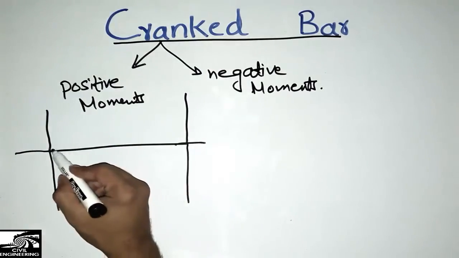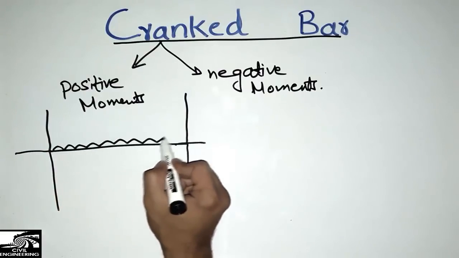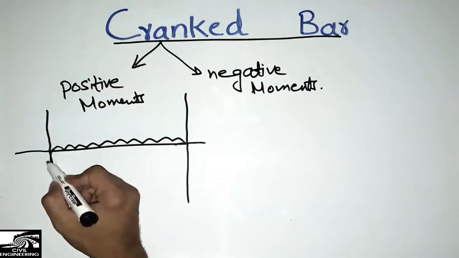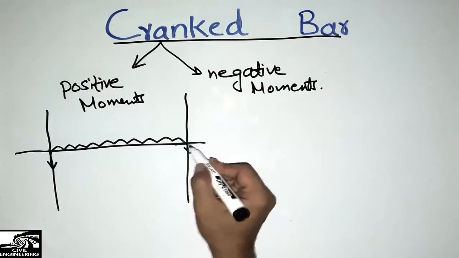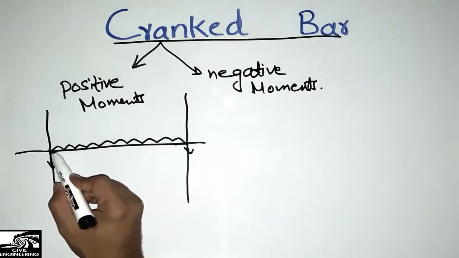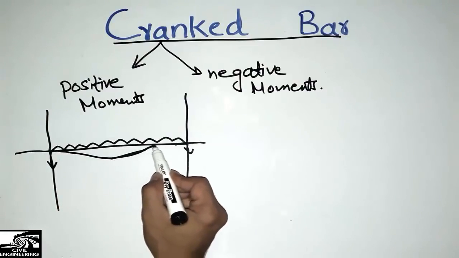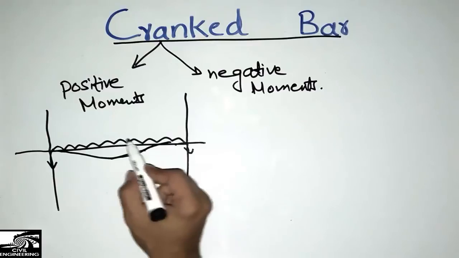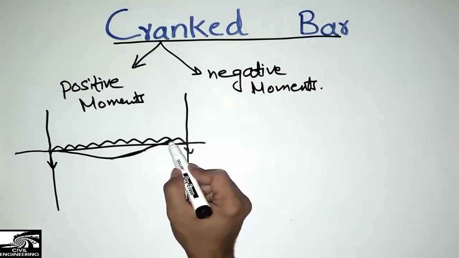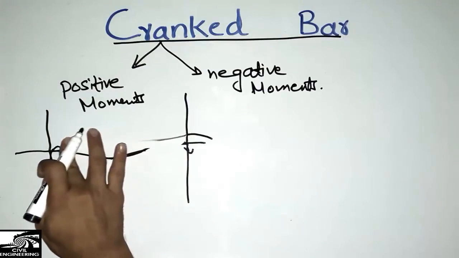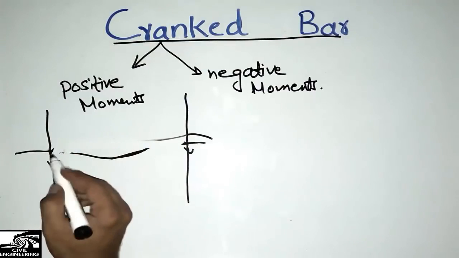When the load acts on these beams, it will transfer the loads to the columns. So the beam will bend this way. There's a maximum bending moment at the midpoint due to the uniformly distributed load.